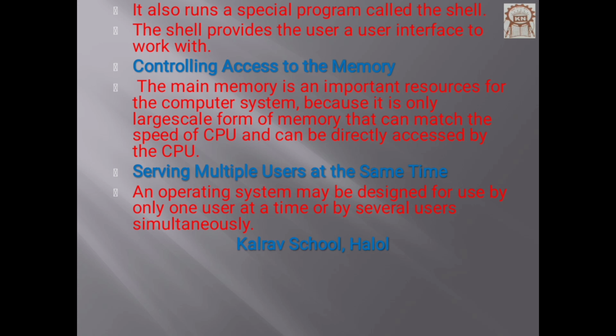The user interface allows the user to indicate what they want to do. It accepts requests for performing operations from the user, maybe in the form of typing a command or clicking with a mouse or touching on a touch panel, and initiates actions to fulfill those requests.